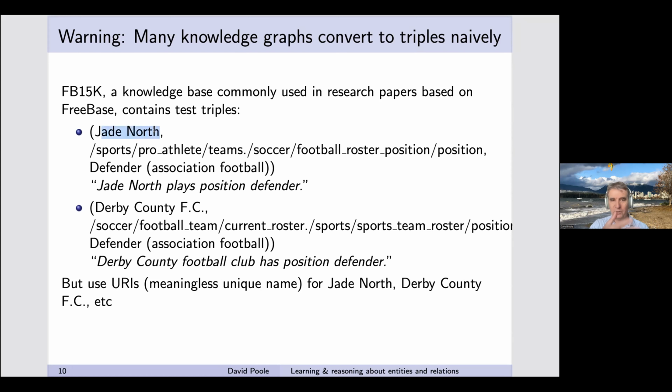Jade North, well, of course, they use their actual number for Jade North, plays position defender. So Jade North plays position defender. And another triple is Derby County Football Club has position defender. Both of those use meaningless names, so it wouldn't make any sense to you at all. So these are the test set triples.